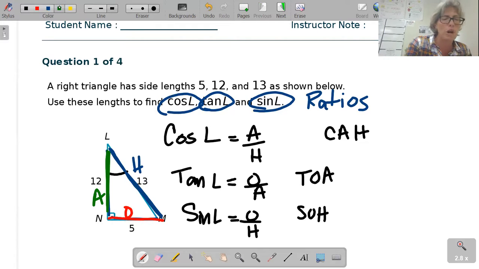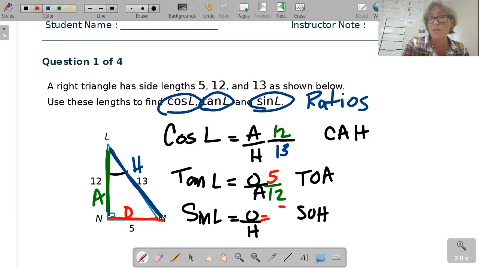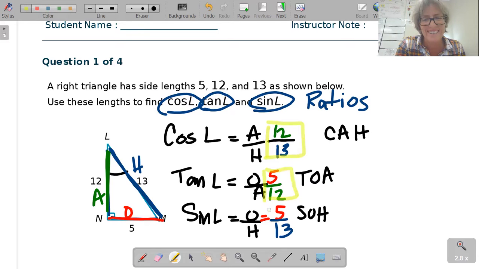So adjacent over hypo, that's going to be 12 over 13. Ta-da, you're done. Literally, that's it. Your tangent is the opposite, 5, over your adjacent, which is 12. And your sine is your opposite, which is 5, over your hypo, which is 13. And that's all it wants, is those ratios, which is code for fraction.